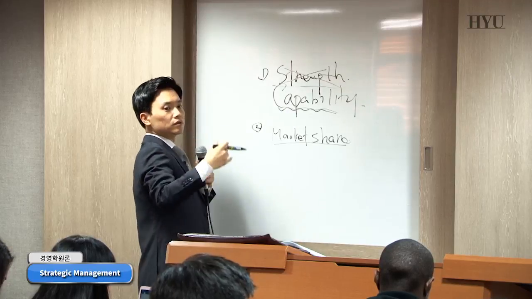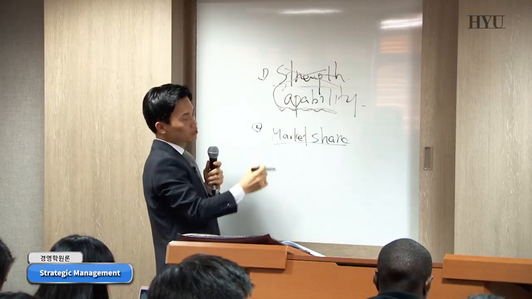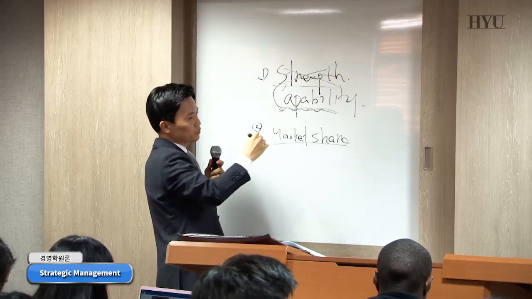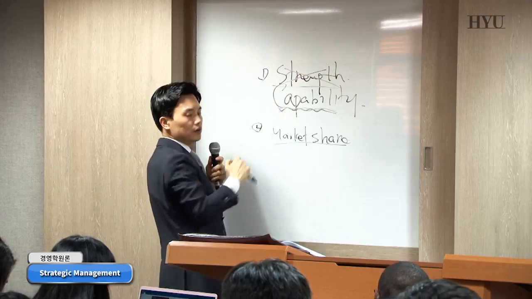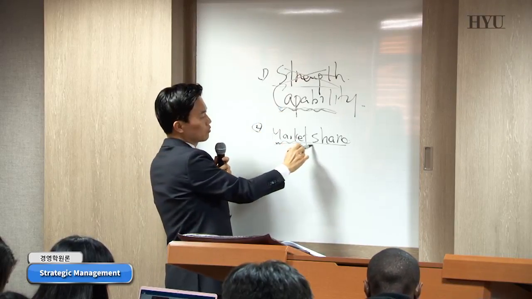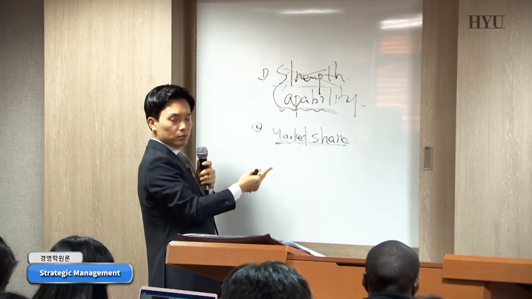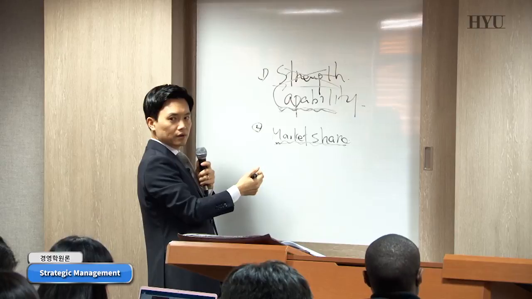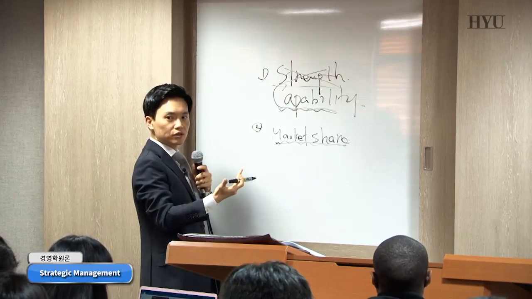Yeah, that's part of the competitor's capability. If you specify capability, that may be part of the items in capability. And of course, you also have to look at the market share, but you can be more specific: how many percentage? You can easily find the competitor's market share.